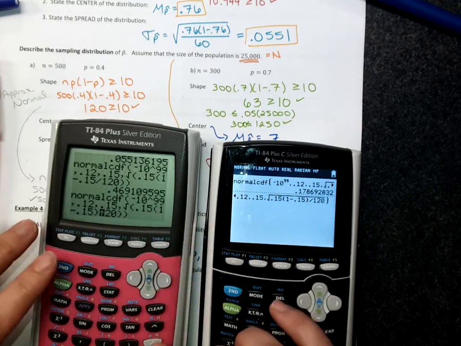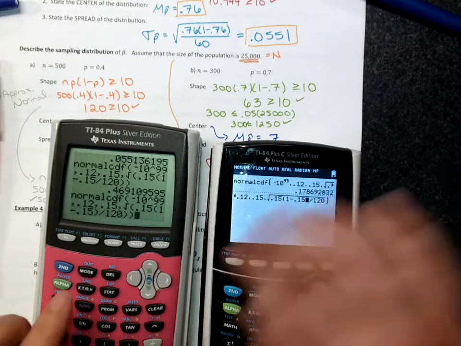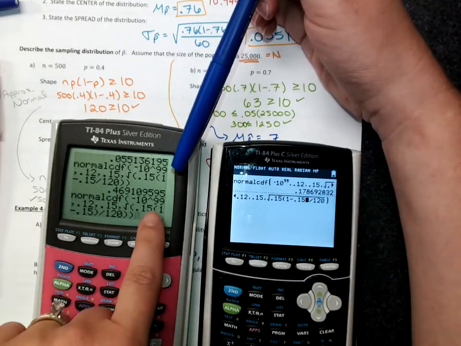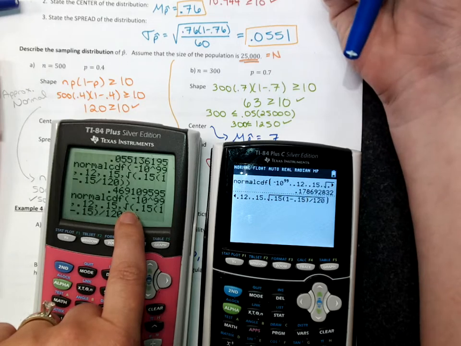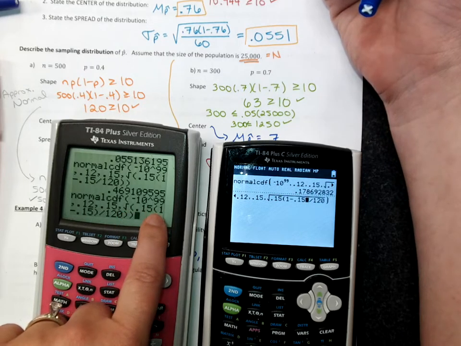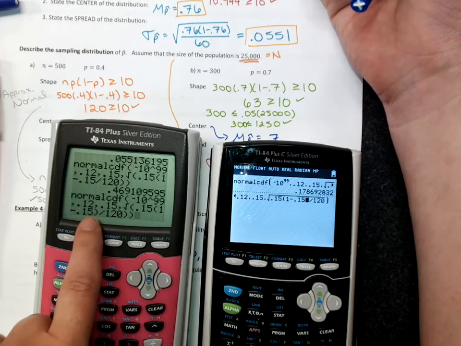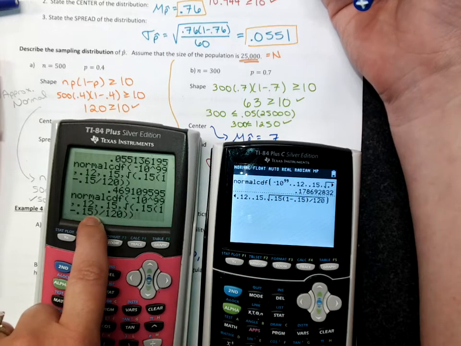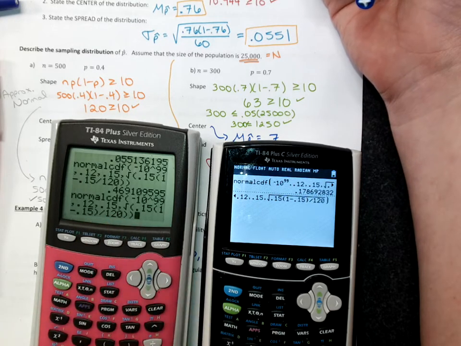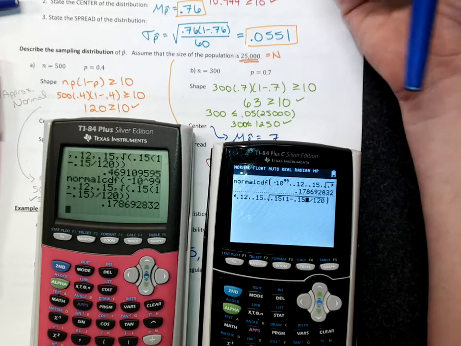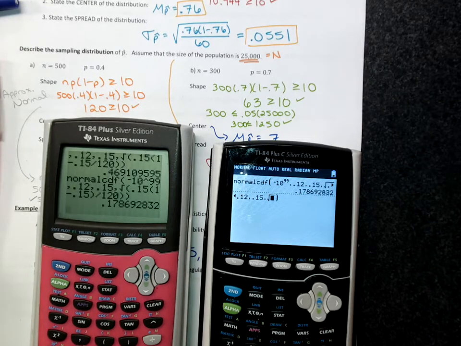On the older calculators, you have to close. I don't know if you can see it because it's on two lines. It automatically opens that parenthesis, and then you open that parenthesis. You have to close the subtraction parenthesis before you divide by 120. There we go. So definitely have to be careful there on those older calculators.